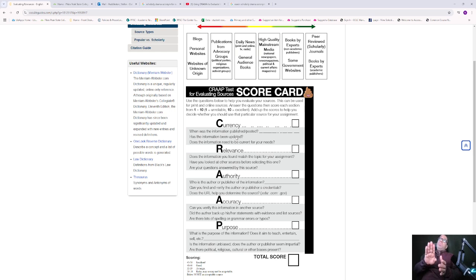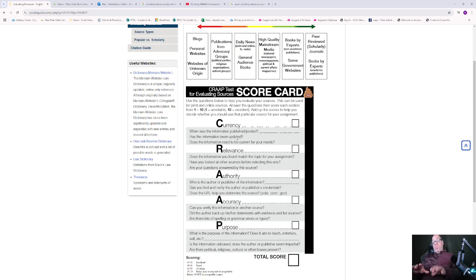Placing the camera below someone looking up gives them more authority. They appear larger. So think about these sorts of things when you're thinking about the purpose of the information, right? Does it have a particular political bias, a particular religious or cultural angle that might influence that information?